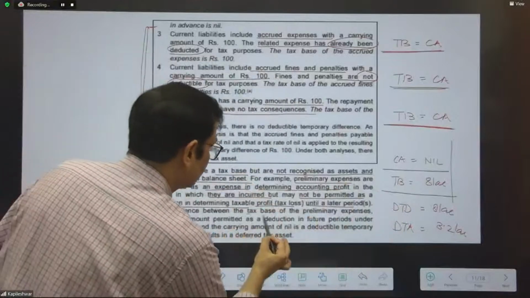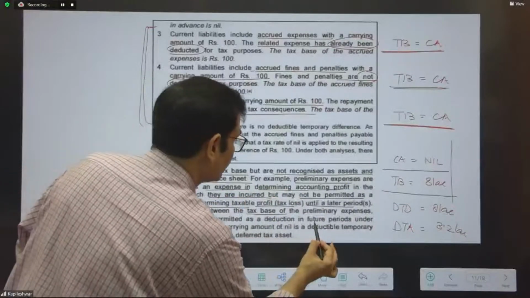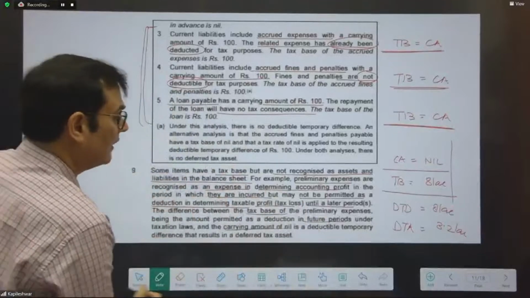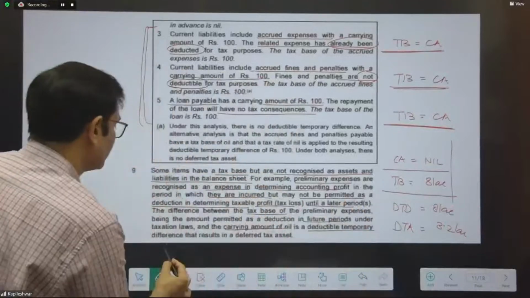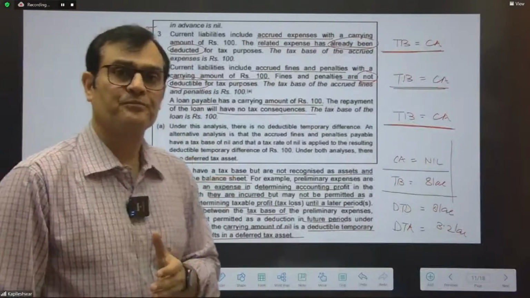The difference between the tax base, being the amount permitted as a deduction in future under the tax laws, and the carrying amount, which is nil, is a deductible temporary difference that results in a DTA. That's what I give you.